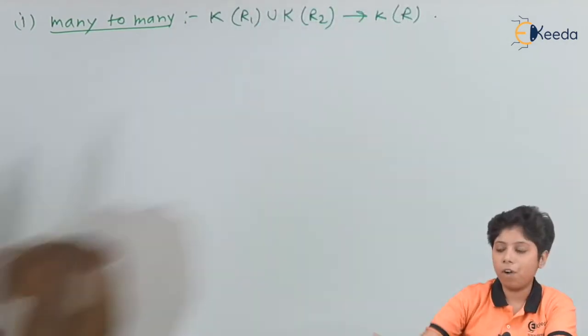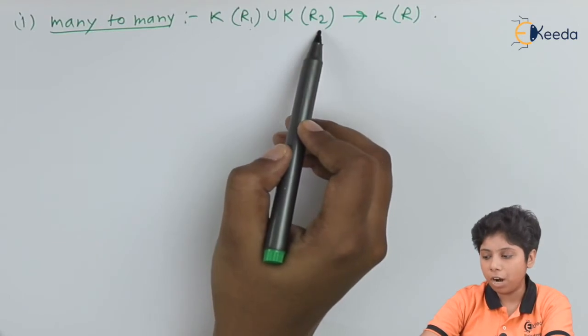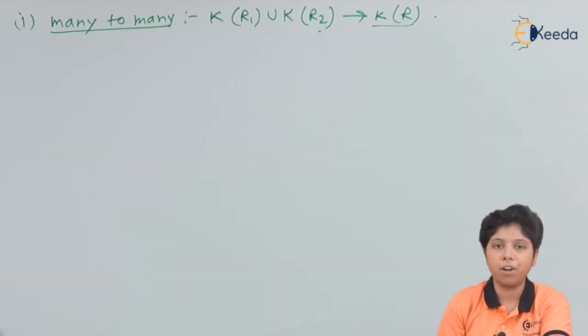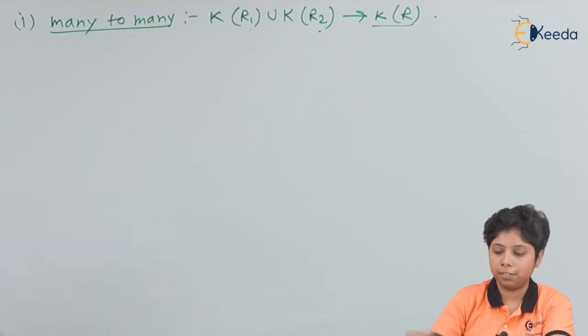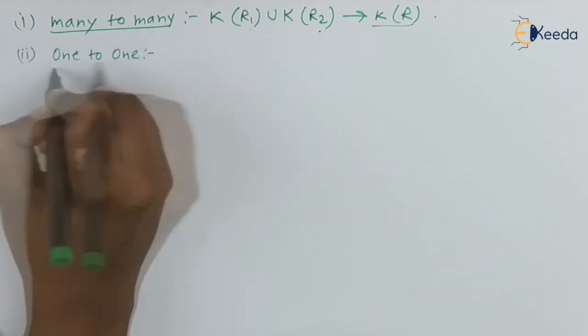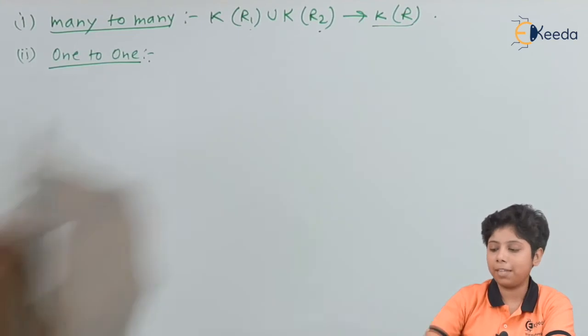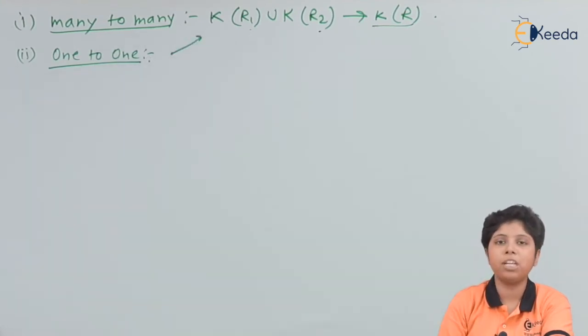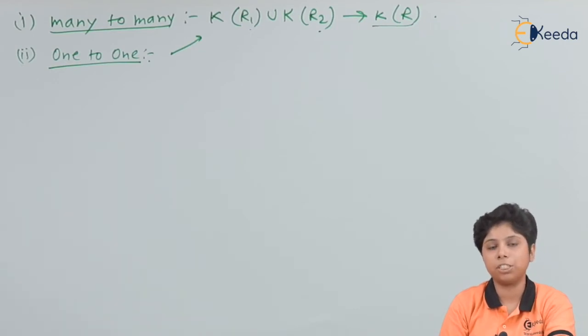So the primary key of R1 as well as the primary key of R2 will be the primary key of R. Now if there is a one-to-one relationship set, then we can apply the same rule: the primary key of one relation mapped with the primary key of another relation can be the primary key of the resultant relational schema.